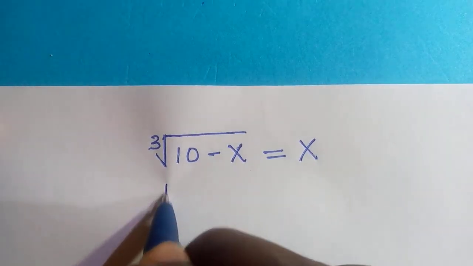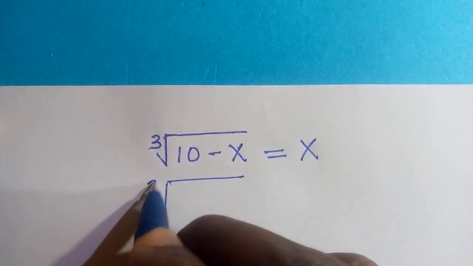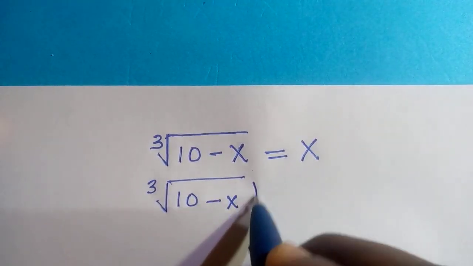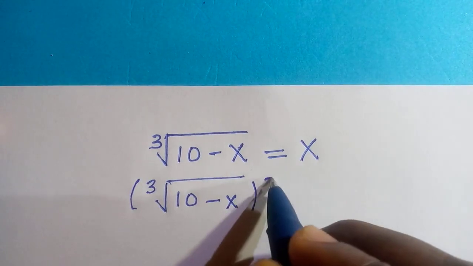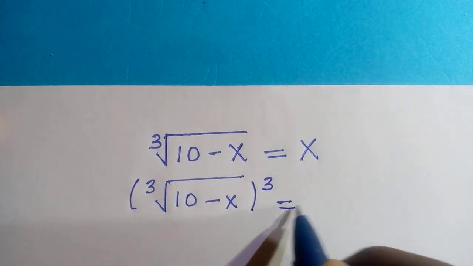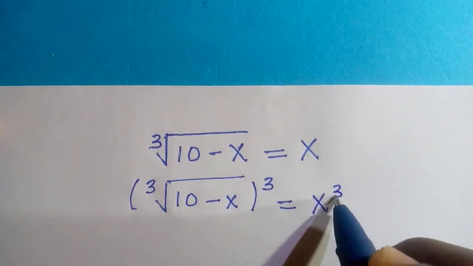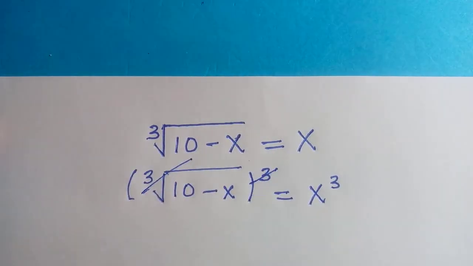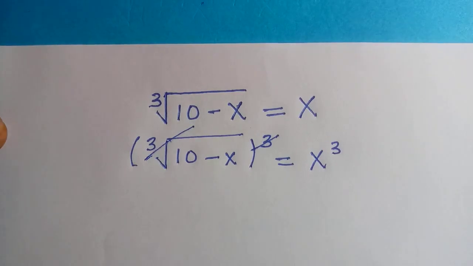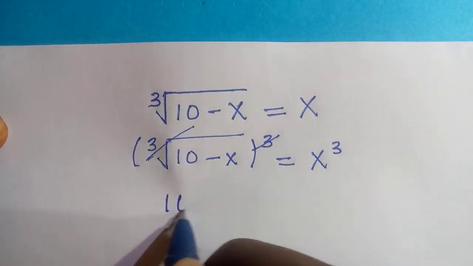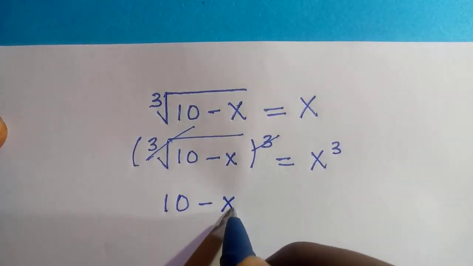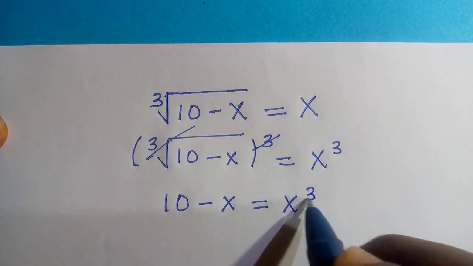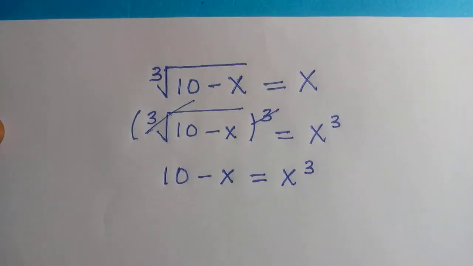As we have cube root of 10 minus x, we raise it to the power of 3 equals x to the power of 3. So cube and cube root cancel. Then we have 10 minus x equals x to the power of 3.